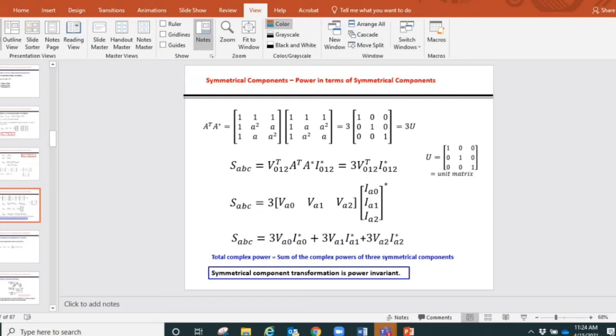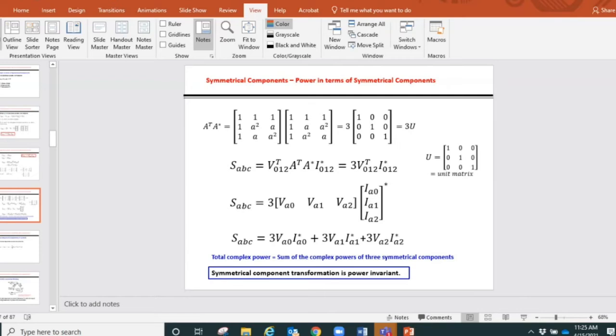So we saw that we can calculate the complex power in terms of the voltage and the current using the sequence component voltages and currents and the respective phases. So VA0 should be multiplied with IA0, VA1 with IA1, and VA2 with IA2.